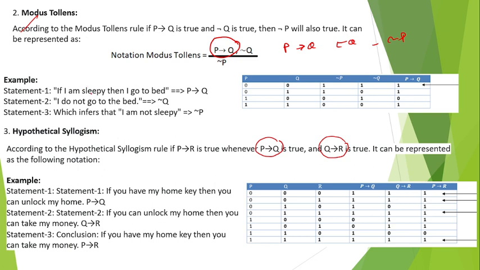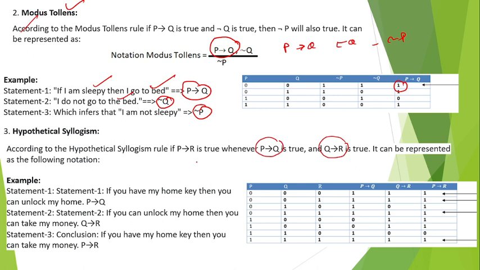If I am sleepy, then I'll go to bed: P implies Q. If I don't go to bed, negation of Q, it infers that I'm not sleepy, negation of P. So that is what the sentence says, and this is what the operation gives us as values. This is modus tollens. The other one is hypothesis.